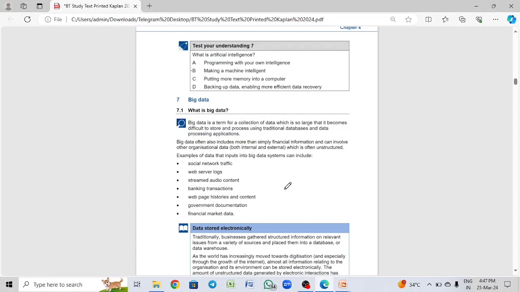Big data is a term for a collection of data which is so large that it becomes difficult to store and process using traditional databases and data processing applications. Big data often includes more than simply financial information and can involve other organizational data which is often unstructured.